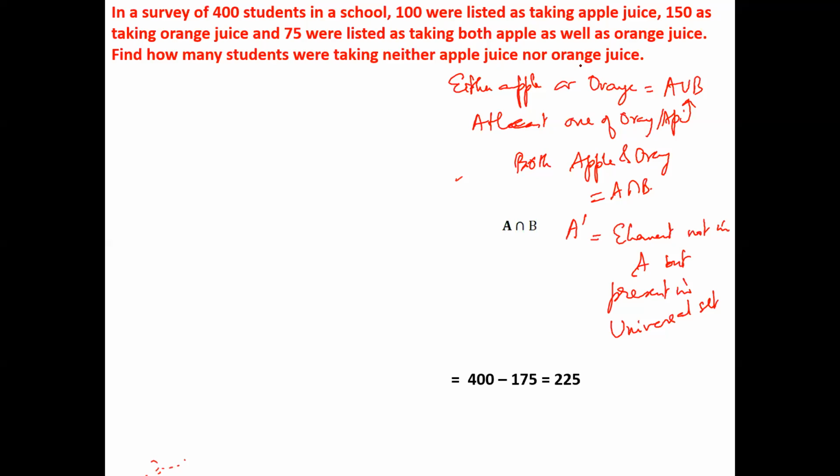Neither apple juice nor orange juice. That means it is A dash intersection B dash. So please note down, this is the English sentence. In set language, it means A union B. If I say at least one of two things, that means A union B. Both means A intersection B. A dash intersection B means in B, not in A. A dash intersection B dash means neither A nor B.